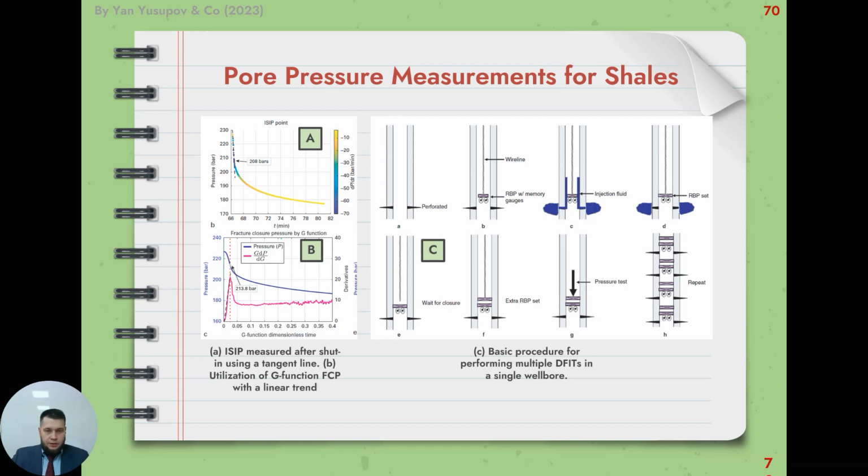As for shales, this case is most difficult for pore pressure measurements, because shales are the most impermeable formations, and in this case the best method for pore pressure measurement is DFIT.